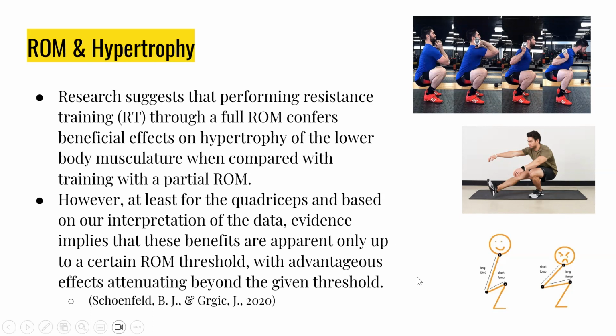So you won't see any further beneficial effects on hypertrophy if you can do, for instance, a squat at a further higher range of motion. As long as you're hitting that range of motion for that exercise, you'll see beneficial effects on hypertrophy. Any further ROMs after that, they did not find beyond beneficial effects.